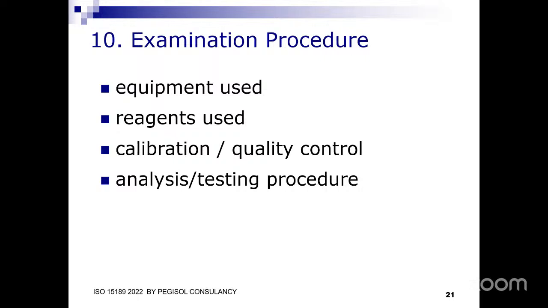If you know the difference, you can type it in the comment section. Now, the analysis and the testing procedures have to be stated in the quality manual. Okay. Someone said, yes, I know.